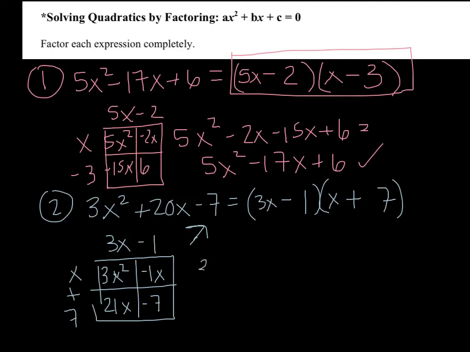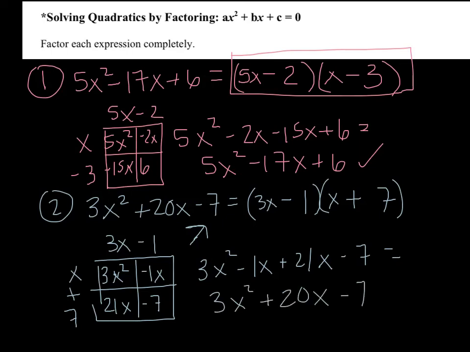So we've got 3x squared minus 1x plus 21x minus 7, or 3x squared plus 20x minus 7. Checks with the original, so we have the correct factorization.